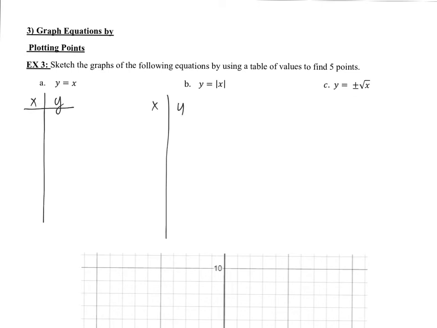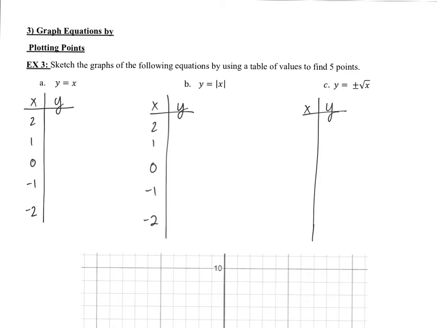Pick an x value, figure out what y is going to be. So I'm going to use 2, 1, 0, negative 1, and negative 2. Use a mix of positives and negatives, because you never know, and then always throw in 0. Kind of a good rule of thumb of the numbers to pick.